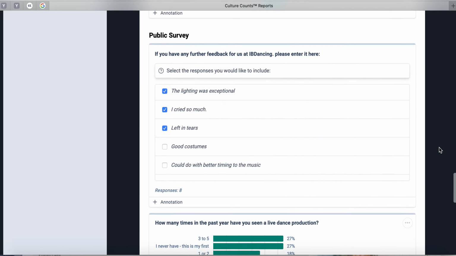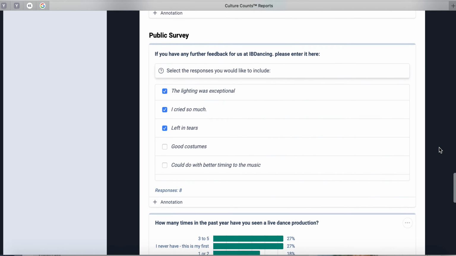Okay, so let's say that I'm happy with my insights report. All good. Let's zip on back up to the top, shall we? And what I'm now going to do is save to PDF. And now once it has saved to a PDF, I am then able to very simply send it to my relationship manager.